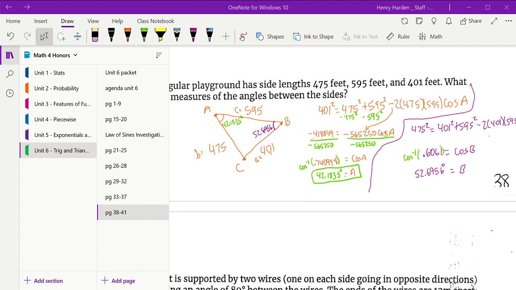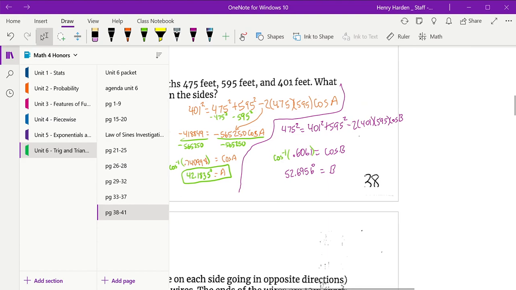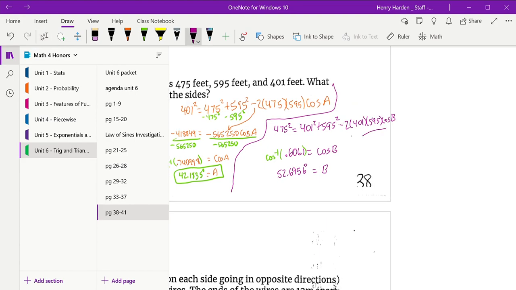So 52.6956 plus 42.1835, and I get 85 here, so that's angle B. And angle C equals 85.1209 degrees.